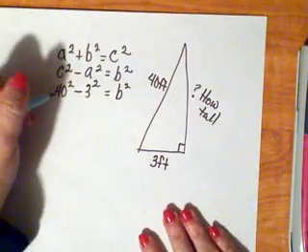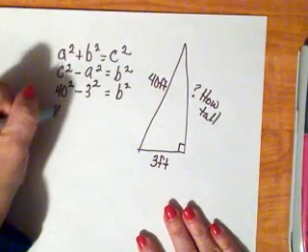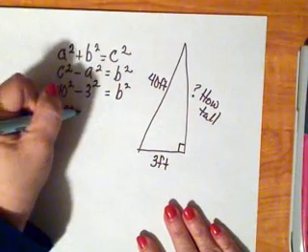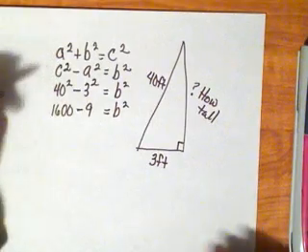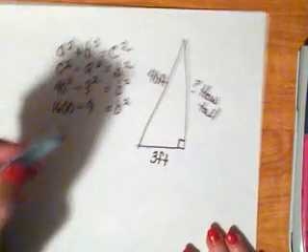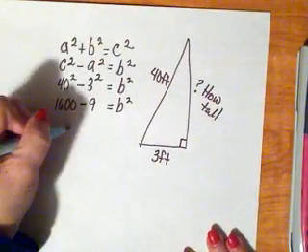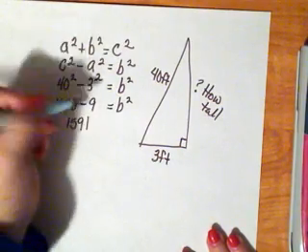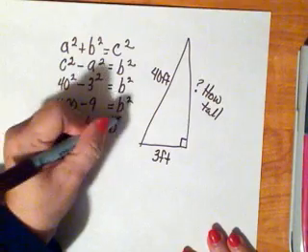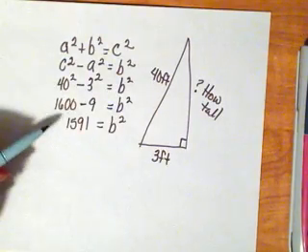So 40 squared would be 4 times 4 is 1600 minus 9 equals B squared. So when I subtract 1600 minus 9, I get 1591 equals B squared.